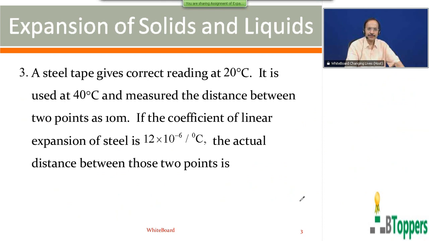A steel tape gives correct reading at 20 degrees centigrade. It is used at 40 degrees centigrade and measures the distance between 2 points as 10 meters. The coefficient of linear expansion of steel is 12 into 10 power minus 6 per degree centigrade. The actual distance between those 2 points is?